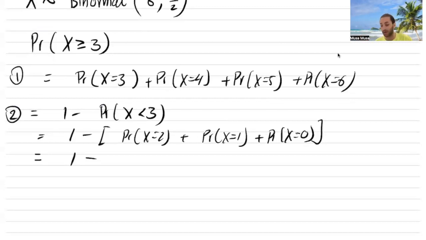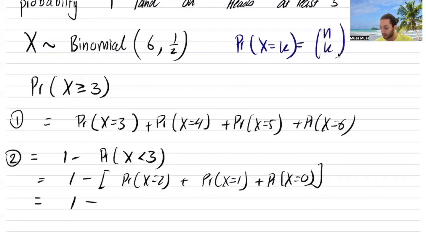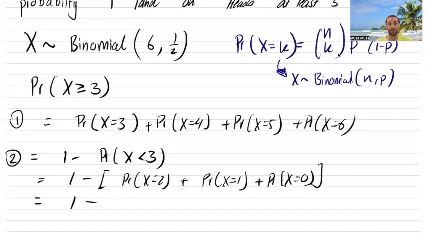Well, we have to go back to our binomial distribution, and we recognize that the probability that x equals, we'll say little k, is given by n choose k, and then it's p to the power of k, 1 minus p to the power of n minus k. And that's, of course, if x follows a binomial n, p.